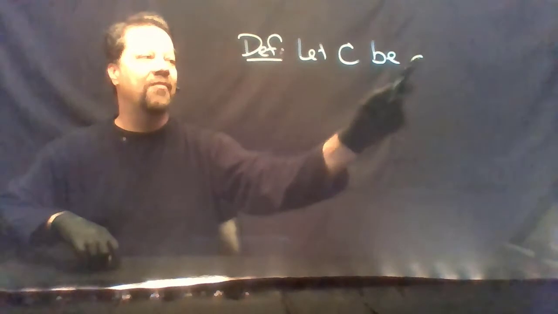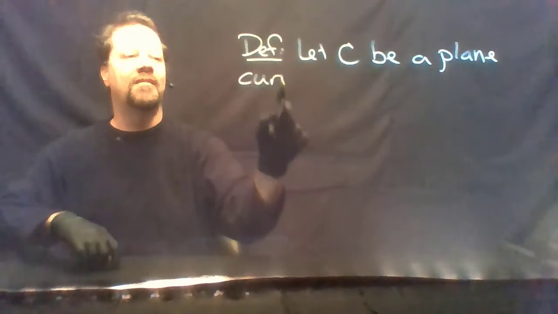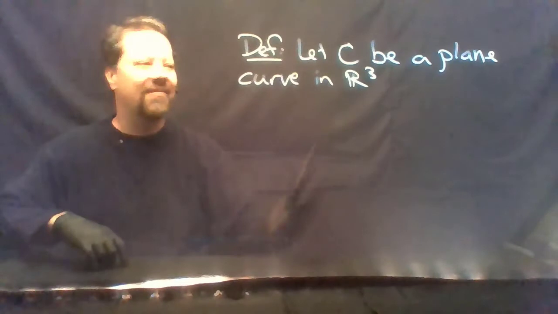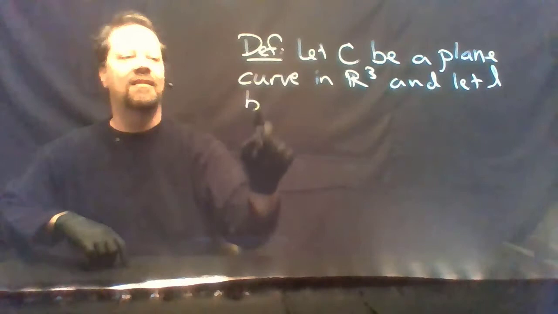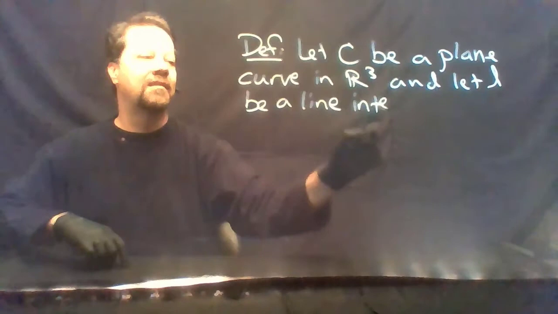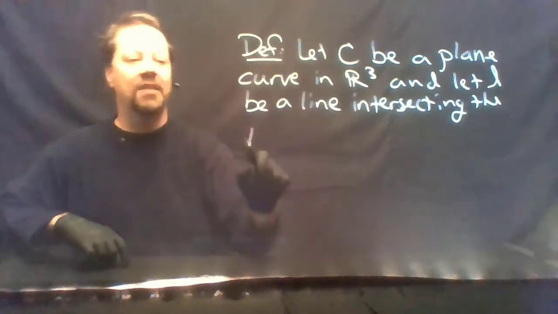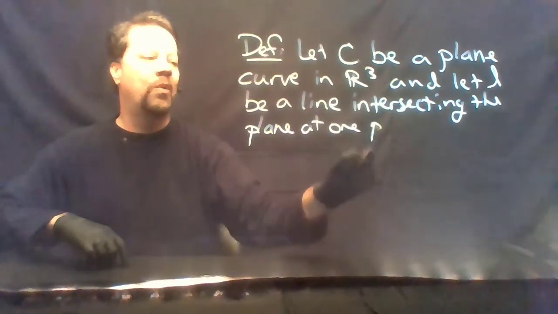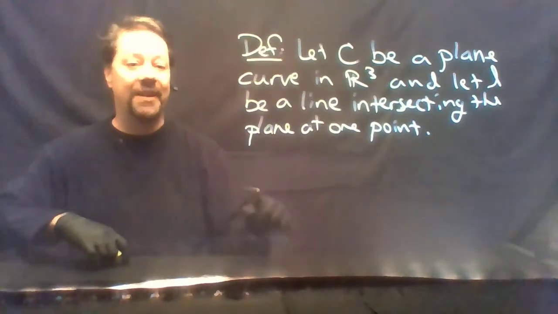Let C be a plane curve in R3, and let L be a line intersecting the plane at one point. So we're not assuming the line is permitted to be inside the plane.